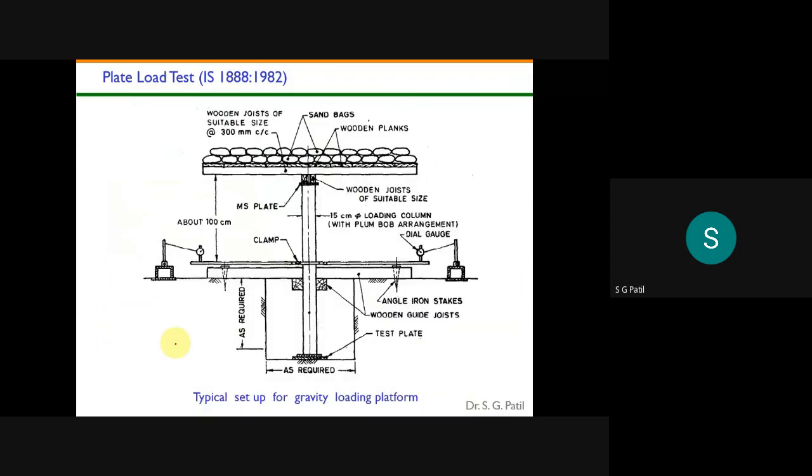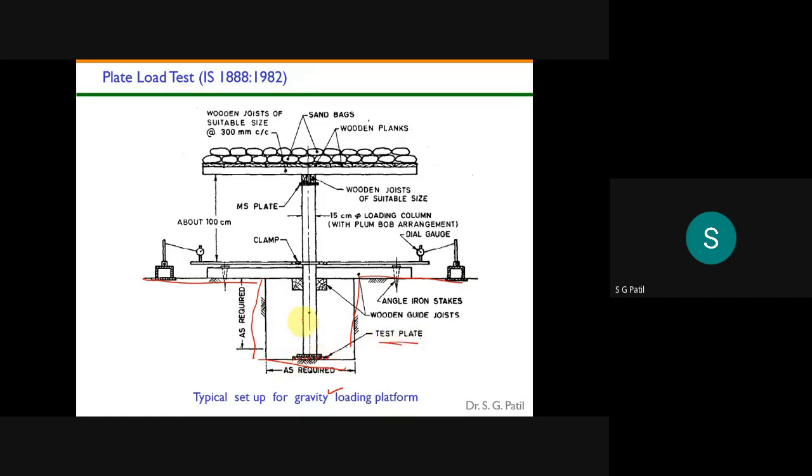There are two types of loading in the plate load test. One is the gravity load and another one is the reaction loading. Gravity load means simply you put a lot of weight. See, this is the pit. In this pit, here is the plate.